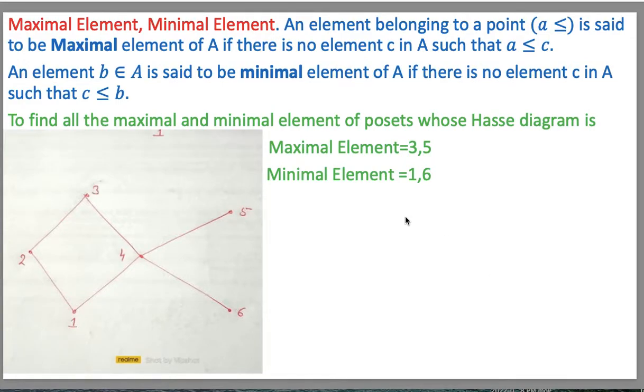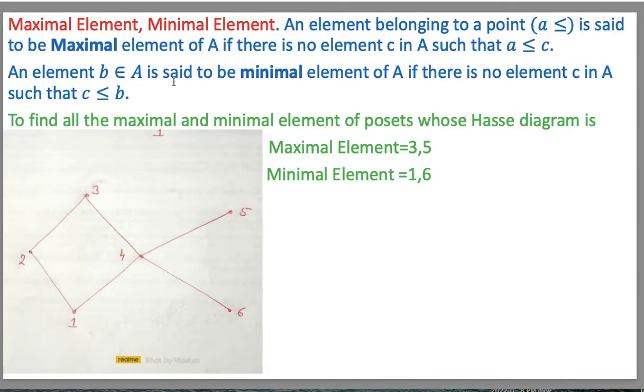Now we will define maximal element and minimal element. An element A belonging to a poset A, less than or equal to, is said to be a maximal element of A if there is no element C in A such that A is less than or equal to C. Then in this case, A is called the maximal element.